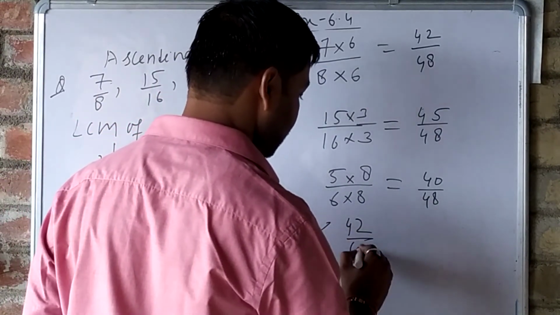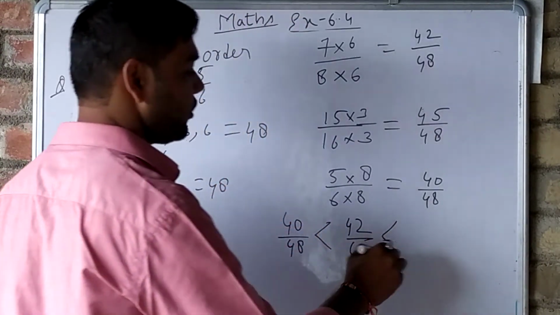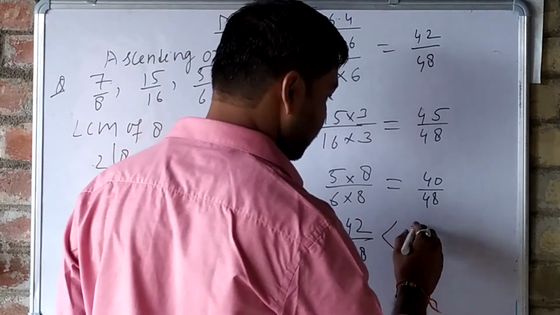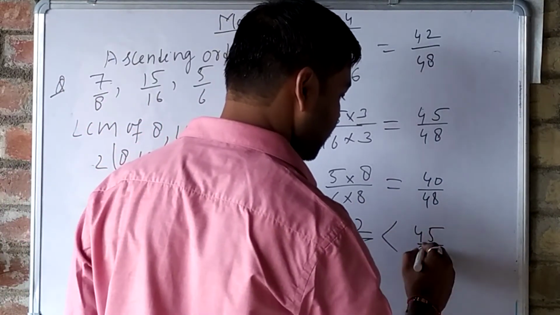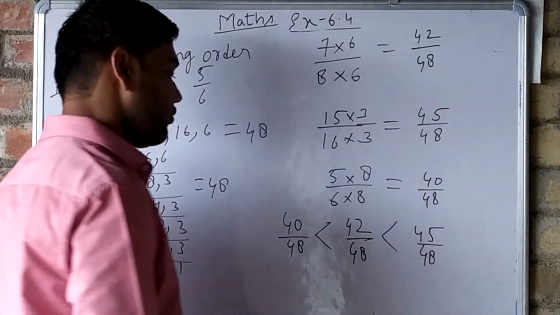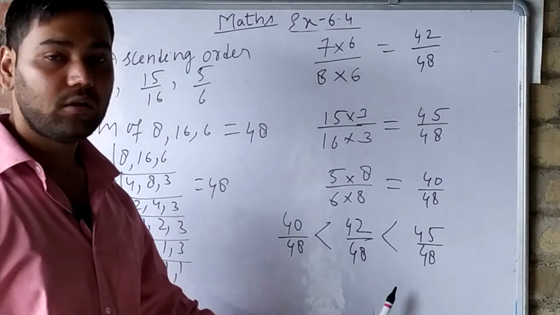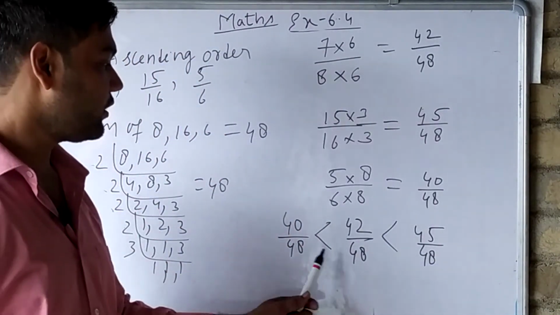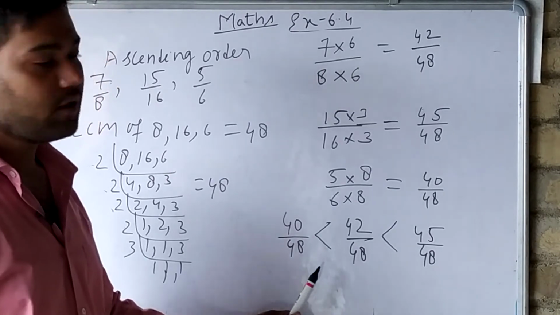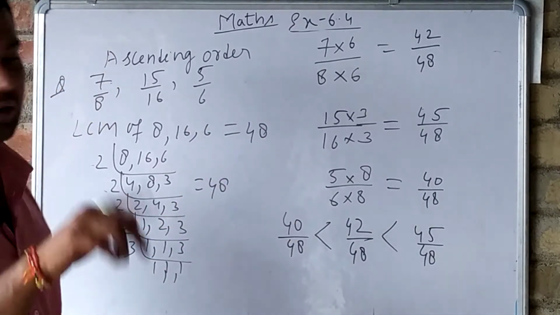42 upon 48 is smaller than 45 upon 48. Okay, so this sign is very important. This is for smaller than. In ascending order we use this sign, in descending order we use the greater than sign.